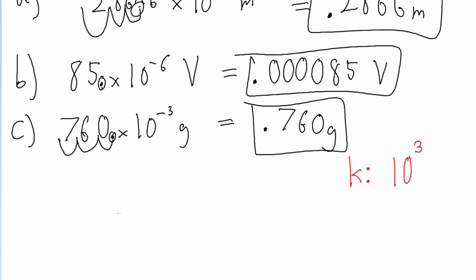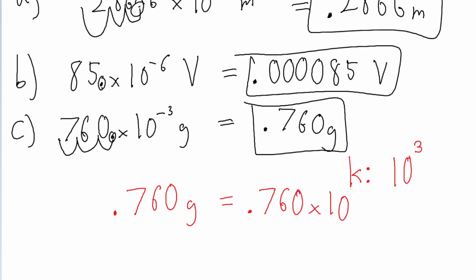However, because we're trying to add a unit prefix to a number that currently doesn't have one, the 0.760 grams, our method is going to be reversed. So I'm going to add the power of 10 to the number: 0.760 times 10 to the power of, but instead of writing a positive 3, I'm going to put a negative 3, because the fact that we're adding the unit means that we're doing our previous process in reverse.